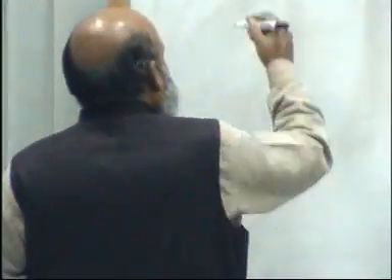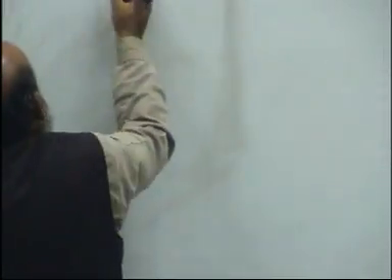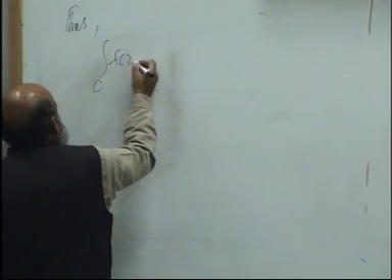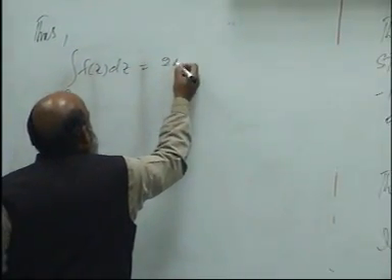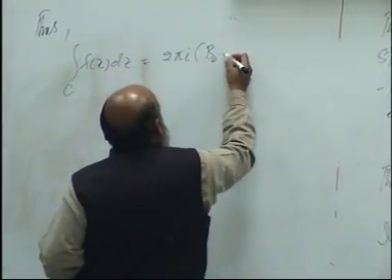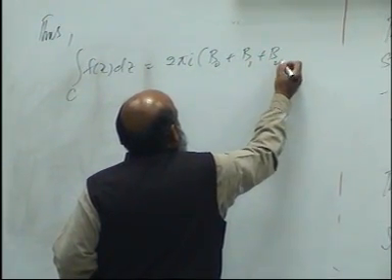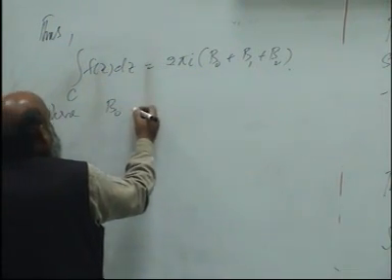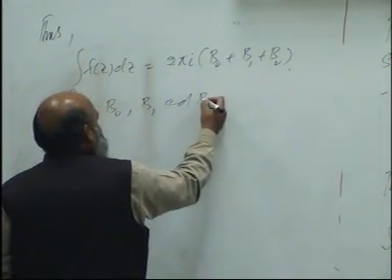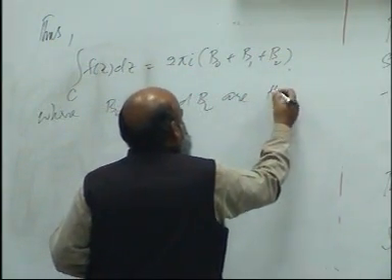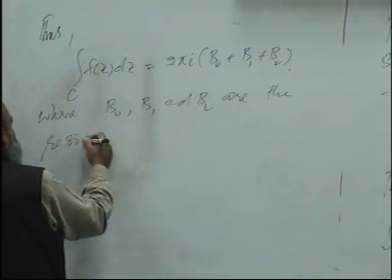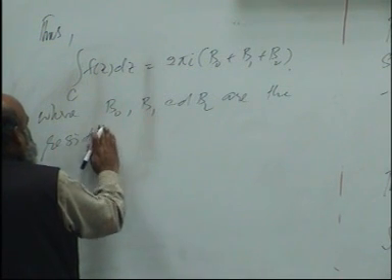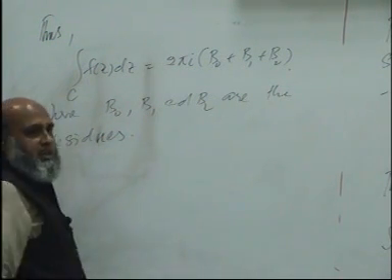For the singularities inside the contour, we can see that this contour integral is 2πi times (b0 plus b1 plus b2), where b0, b1 and b2 are the residues.